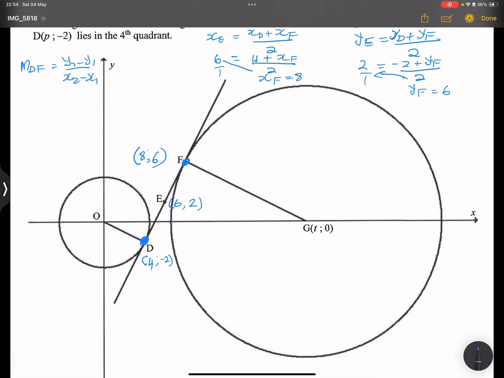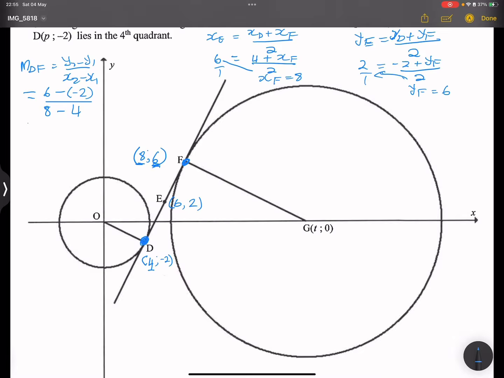Okay, so if we take those 2 points, my y2, that is 6, minus y1, which is -2. So that's minus a -2, divided by x2, that's 8, minus 4.